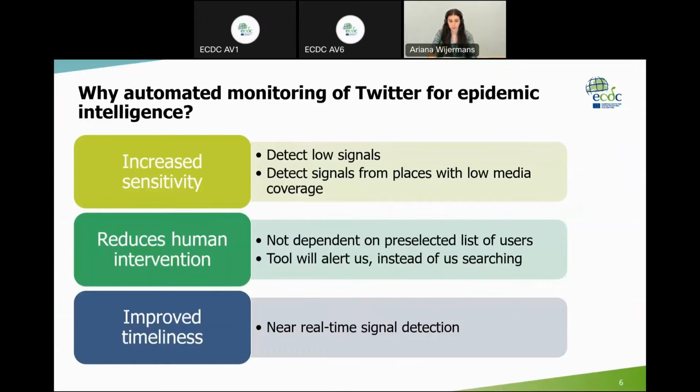It also reduces the human intervention because we're not dependent anymore on this pre-selected list of users, and the tool will alert us instead of us having to go through all the posts that each of these accounts that we were following posted. So now we will get an alert from the tool telling us, please have a look at this. Also, we improve the timeliness because this tool continuously runs, we have near real-time signal detection.